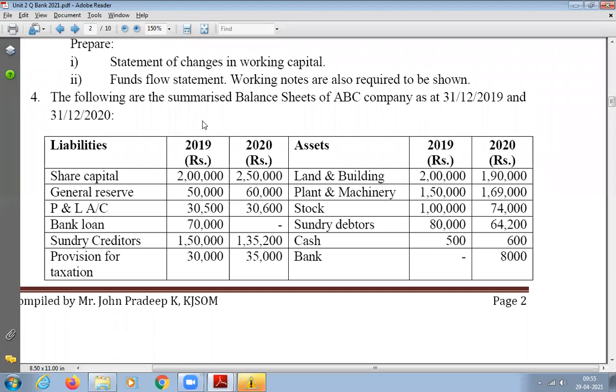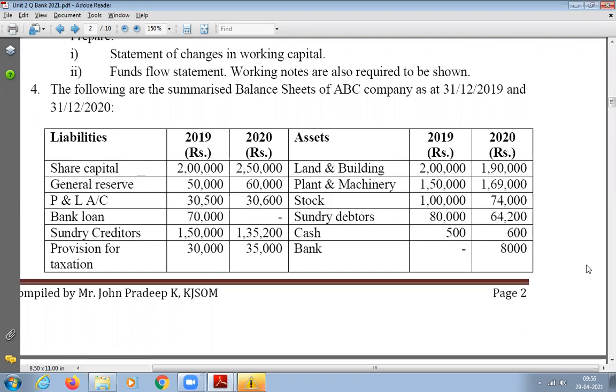The following are the summarized balance sheet of ABC Company as at 31/12/2019 and 31/12/2020. Liabilities for 2019 and 2020. Share capital is 2 lakh and 2,50,000. General reserve is 50,000 and 60,000. Profit and loss account, that is 30,500 and 30,600. Bank loan is just 70,000, and sundry creditors is 1,50,000 and 1,35,200. Provision for taxation is 30,000 and 35,000.